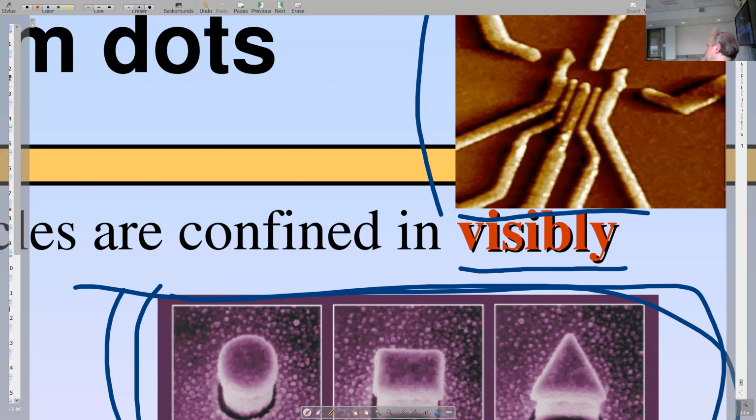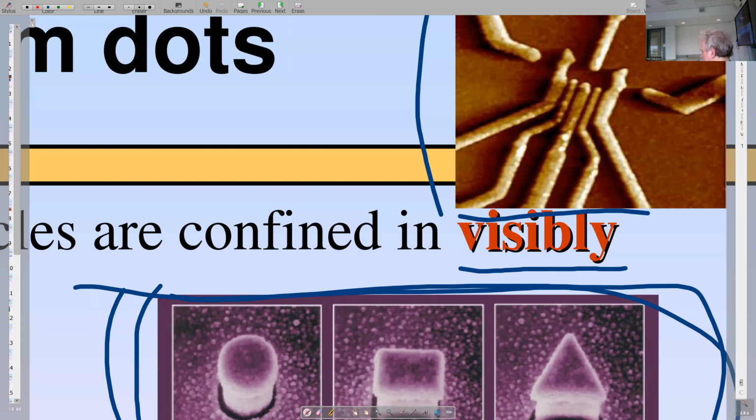It is something which is made on a semiconductor nanostructure with two-dimensional gas. So all this black would be two-dimensional gas.